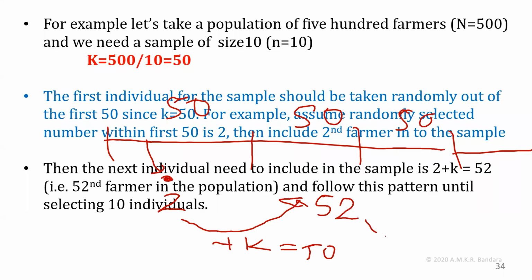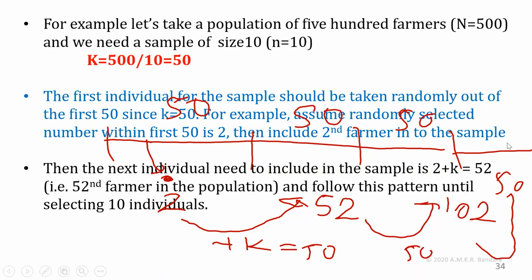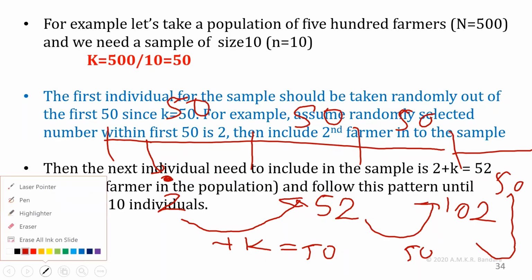Next time you will include 52 plus 50, the 102nd individual. Then this plus 50 will be included. Likewise, until you complete your sample size of 10, you select individuals using this system, this pattern. So it is called systematic sampling.